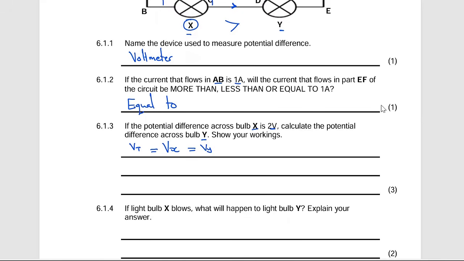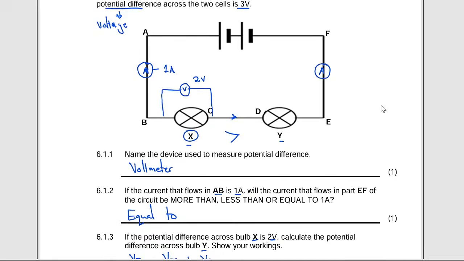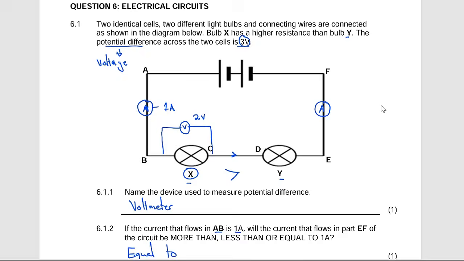Oh, not is equivalent to there, sorry. I'm supposed to say plus there. We're adding these two. Remember, resistors in series are potential dividers, right? So if I substitute, our total voltage is 3, which we're given. Let me circle it. The potential difference across the 2 cells is 3 volts, right?